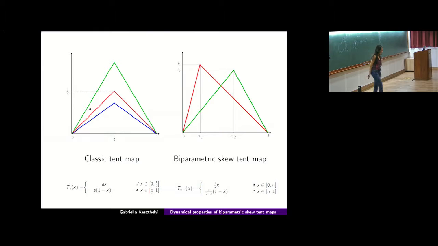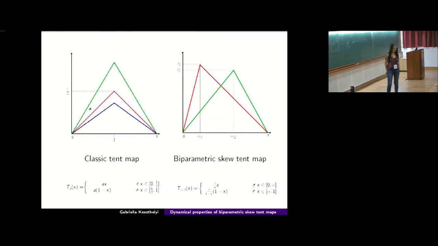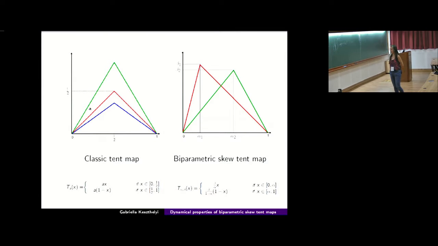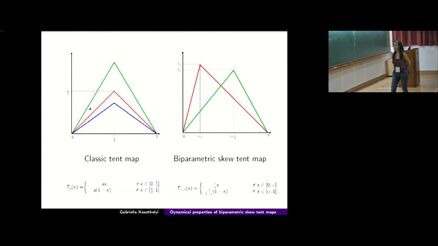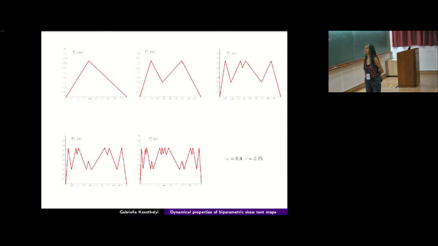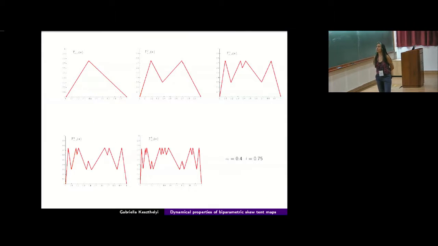And we are interested in the question: what will happen if you shift the top of the tent horizontally, how will the topological entropy behave? That's the main question. And in order to prove that, we will investigate other properties.